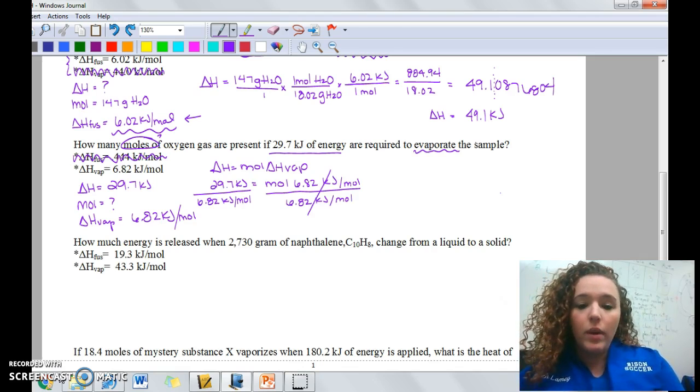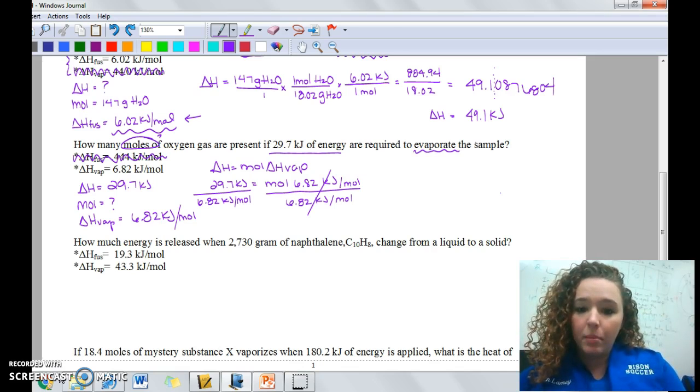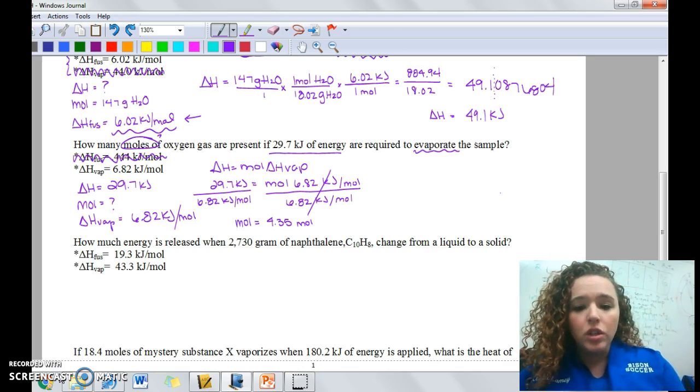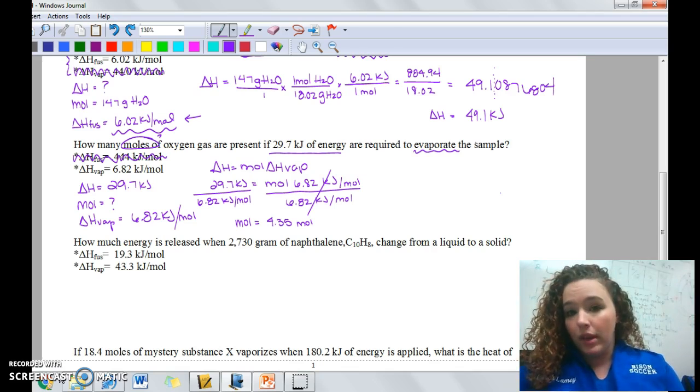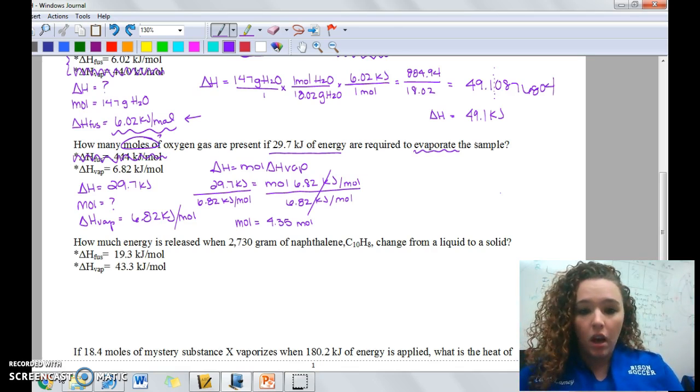And then we can plug in our 29.7 kilojoules for delta H. We can plug in our 6.82, and then we would divide away 6.82 on both sides to isolate the moles just on the right side. So then what we're left with, 29.7 divided by 6.82, we are left with 4.35 moles of oxygen.